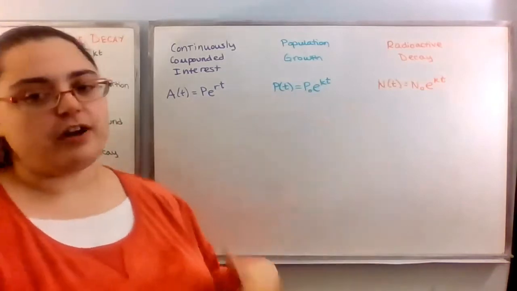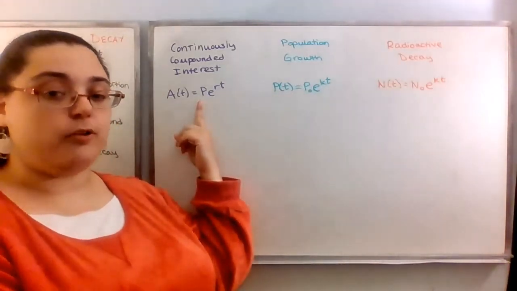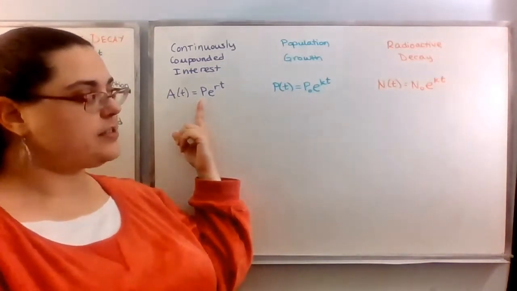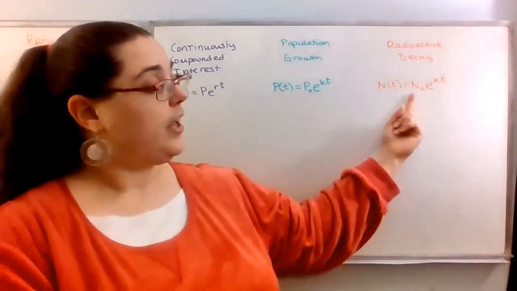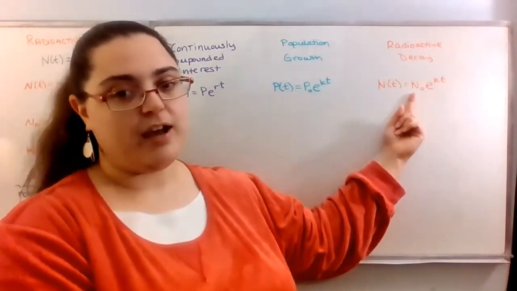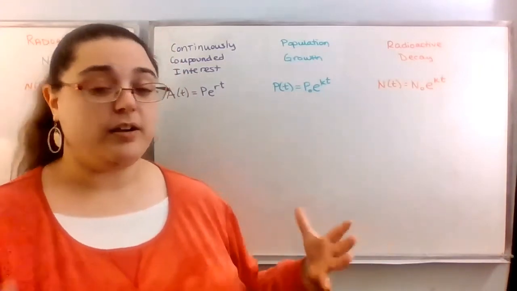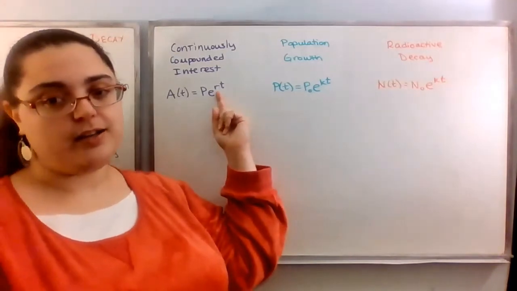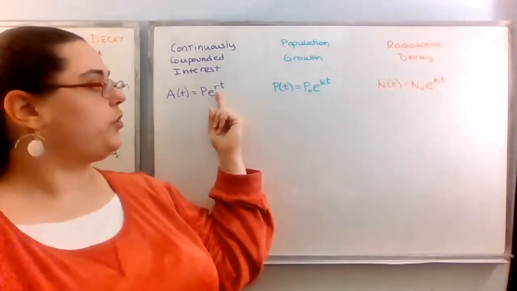Also, all of these involve an initial value. P is the amount of money you initially borrow or the amount of money that you initially invest. P naught is the population that you have initially. N naught is the amount of the substance that you have initially. And all of these involve that rate of growth or decay. So for money, that r is our interest rate, typically given to us in percentage form, but you can write that in decimal form for your formula.